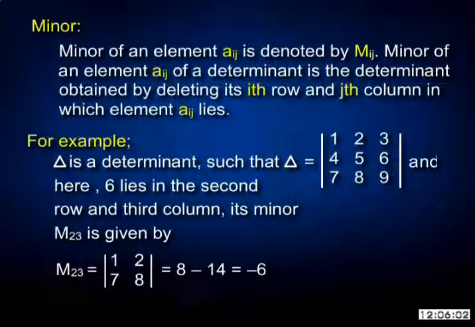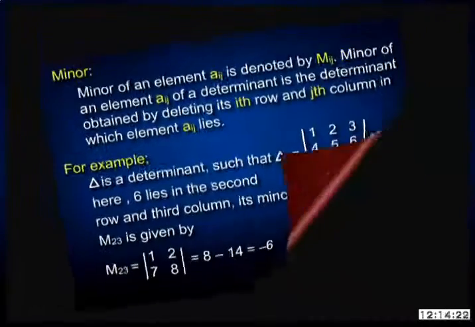So here the minor of the element 6, that is M23, is equal to minus 6.